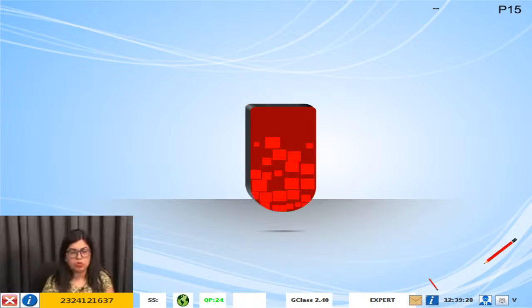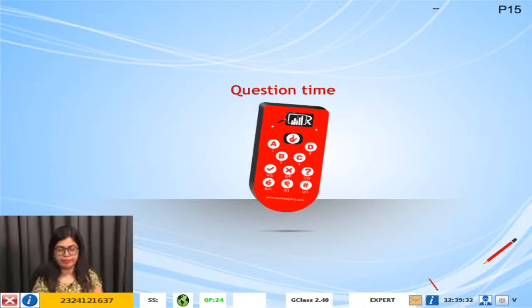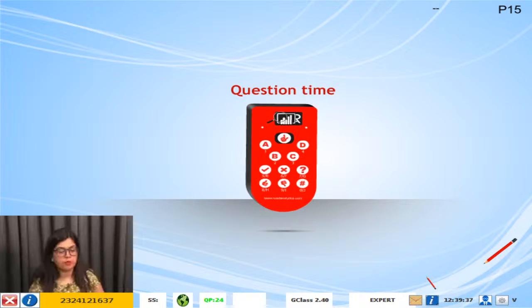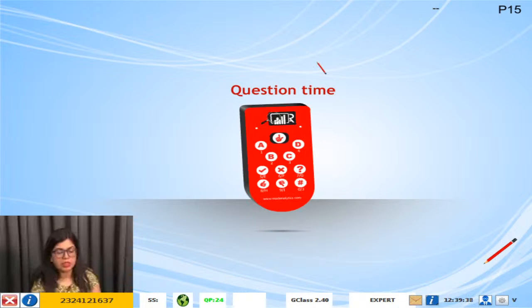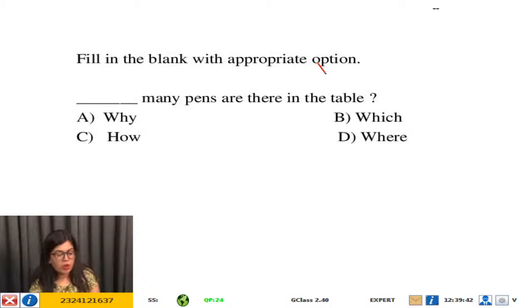Okay, so students, I have another question for you. All of you take out your clicker devices. The question is, fill in the blanks with appropriate option. As many pens are there in the table? Why, which, how, where?